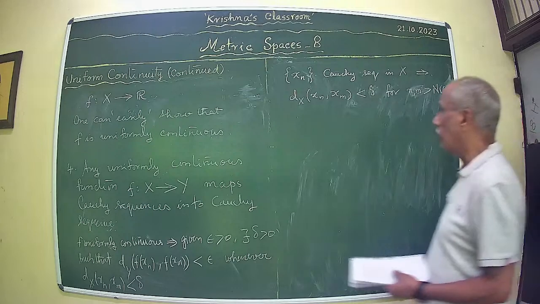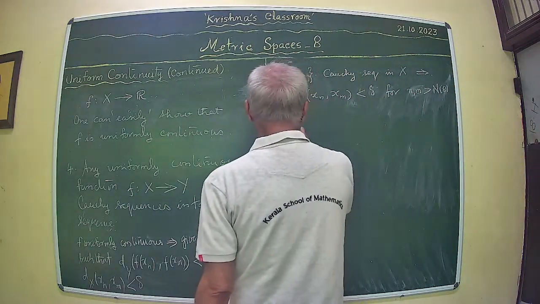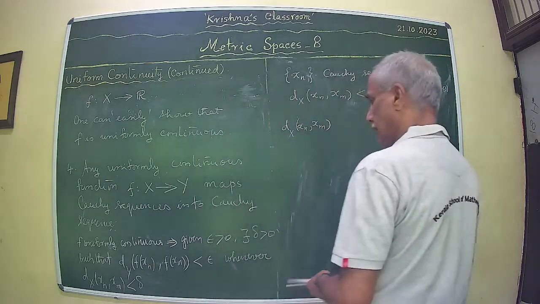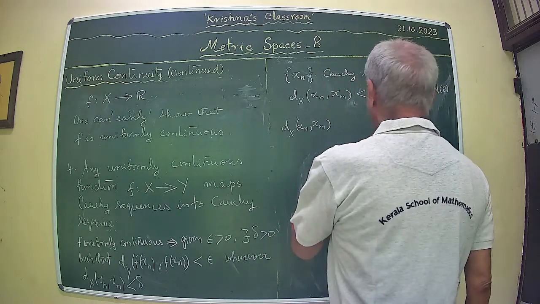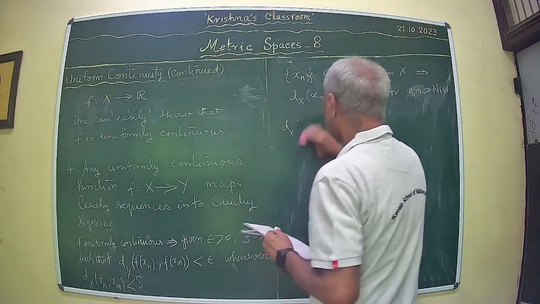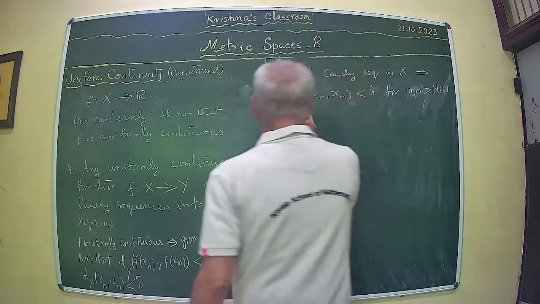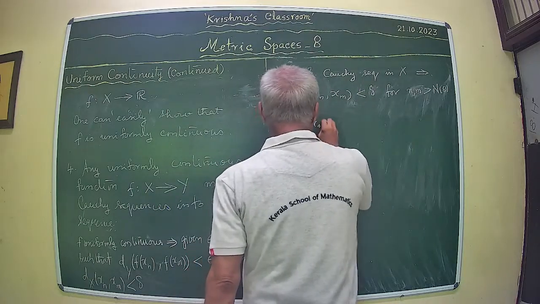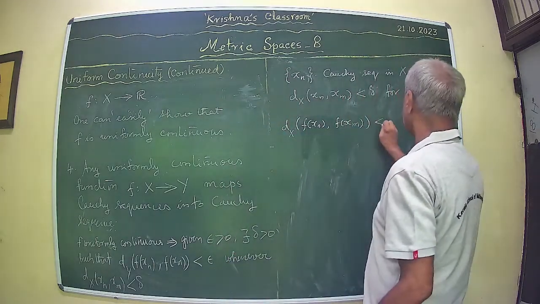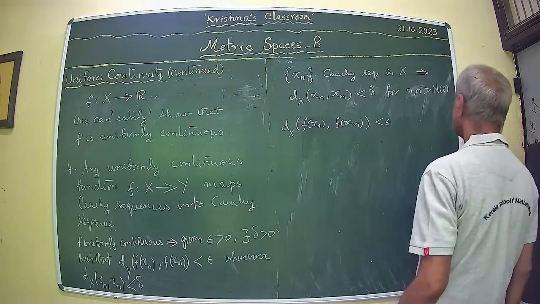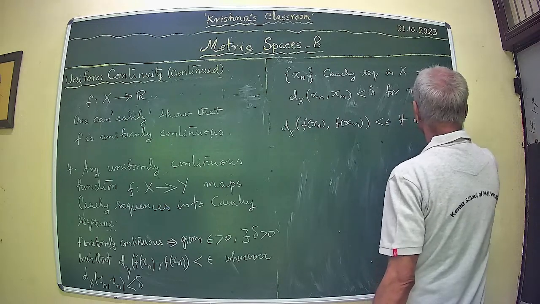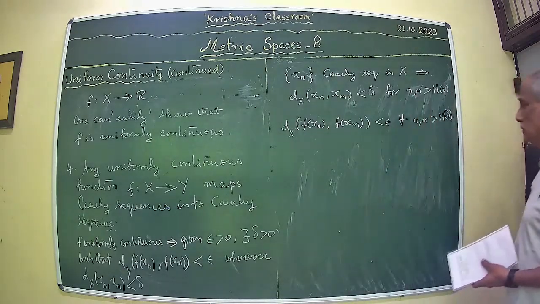Okay, what about this? So d of f(xn), f(xm) is less than epsilon in delta.